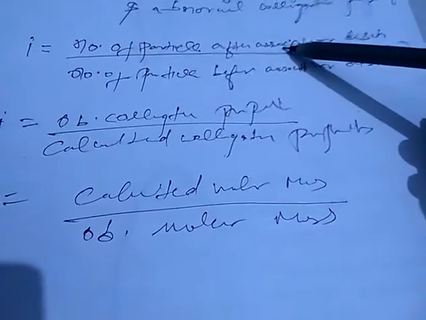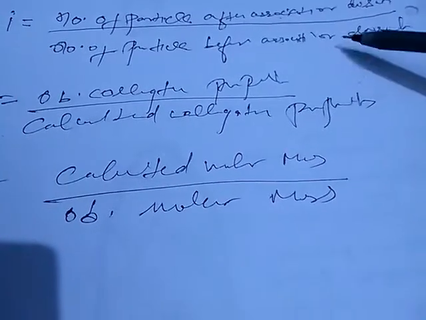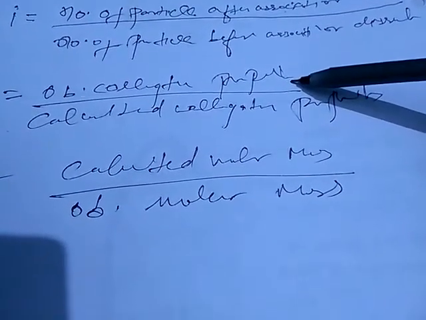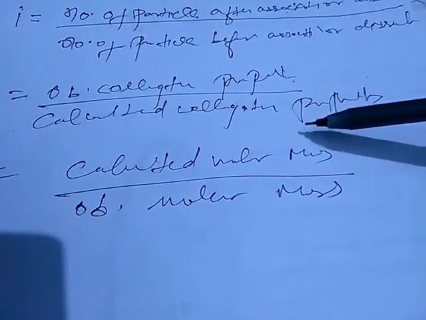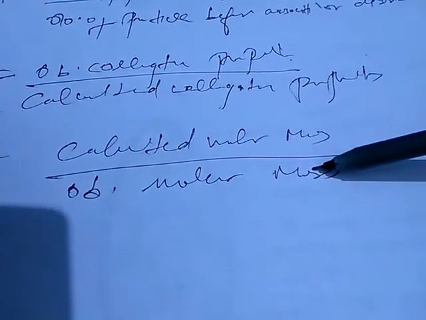So these three things are equal to one another: number of particles after association or dissociation by number of particles before association or dissociation is equal to observed colligative property by calculated colligative property, which is equal to calculated molecular mass by observed molecular mass.